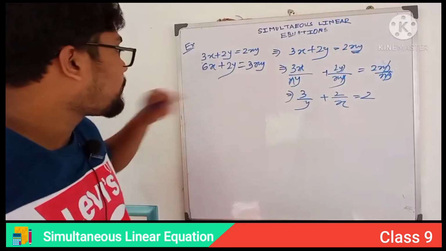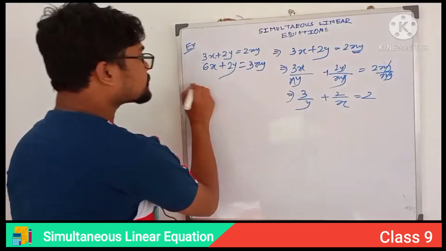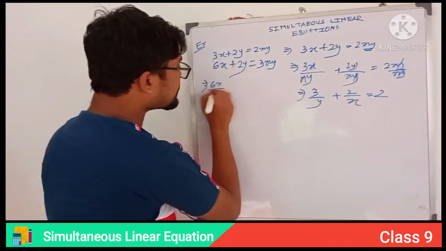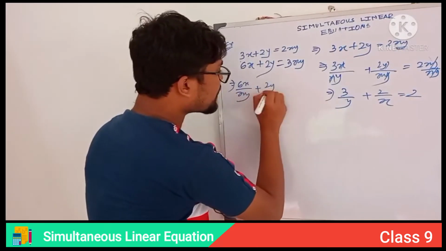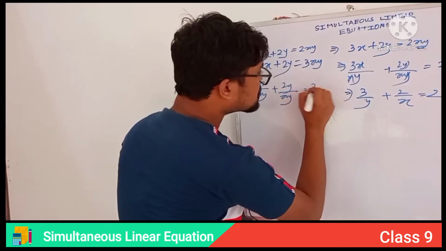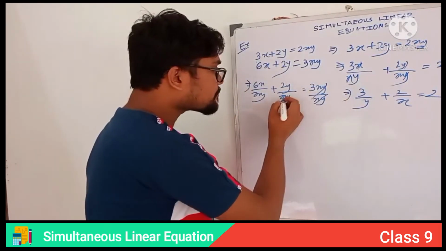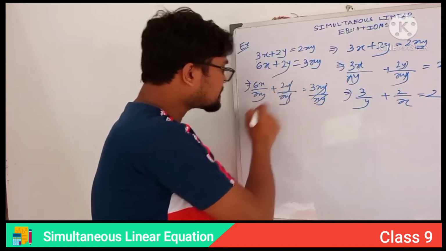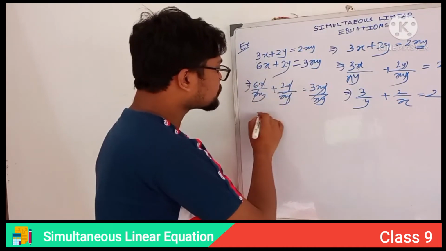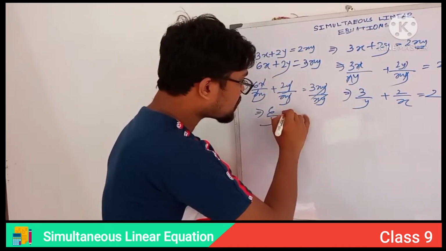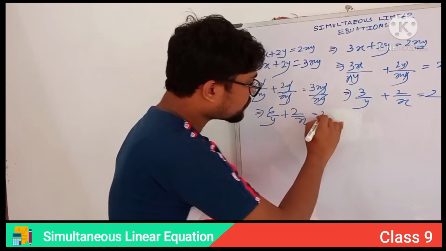Understand? Again, from the other equation we get 6x by xy plus 2y by xy equal to 3xy by xy. Here also xy cancels, y cancels, and x cancels. So we get 6 by y plus 2 by x equal to 3.